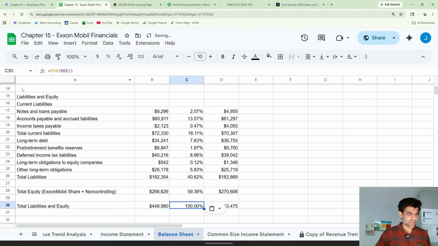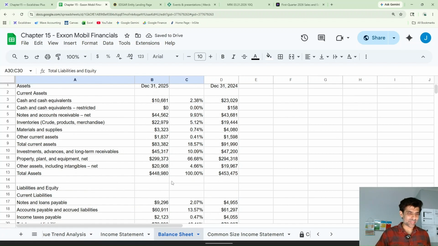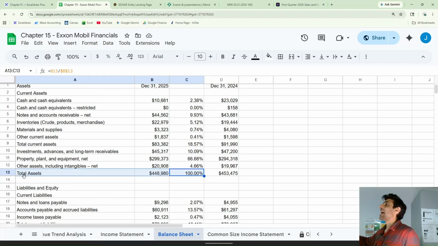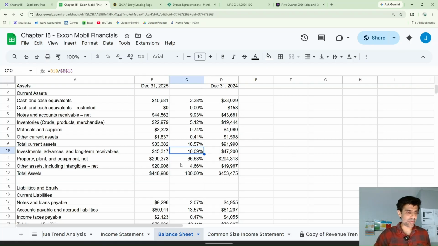Look, this is total liabilities and equity, 100%. Total assets, 100%. Why? Our accounting equation: assets equals liabilities plus equity. So the basis is assets, but it's also the same as liabilities plus equity. Now you can see how everything is divided up.